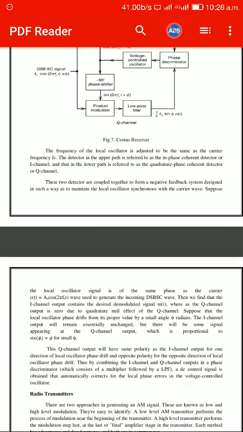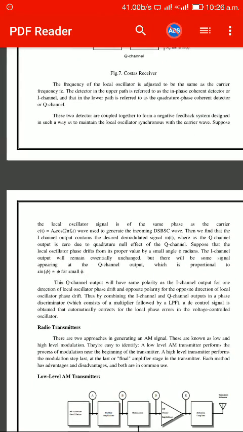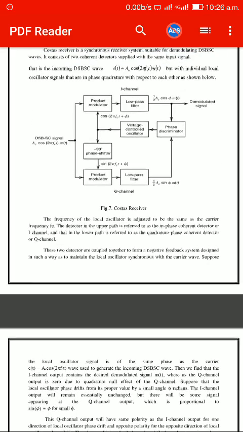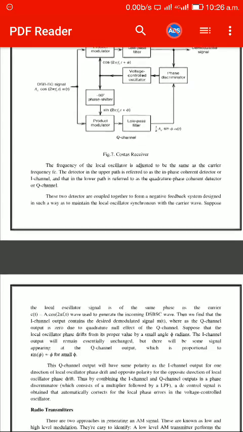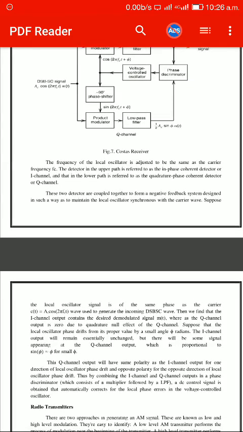And next, whatever output we get from the I channel and the Q channel, we combine in the phase detector. Whatever we combine with respect to the phase difference generates a constant DC signal.